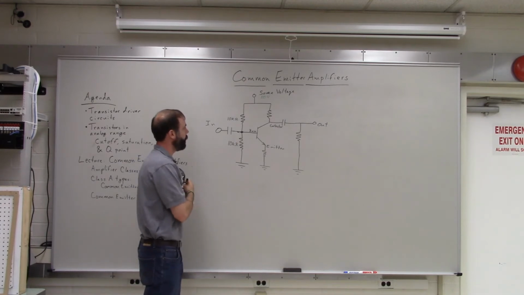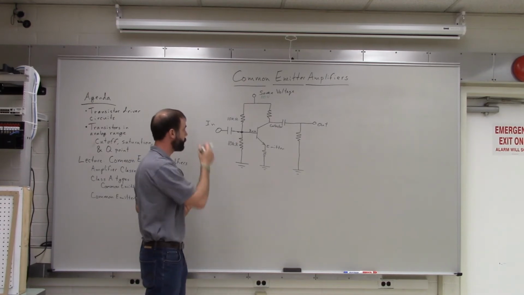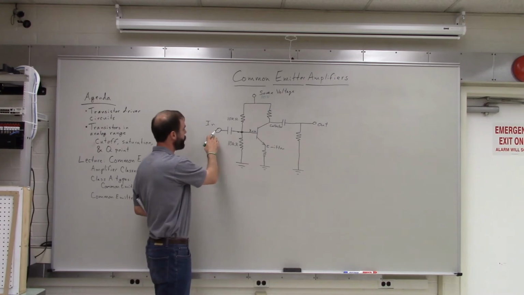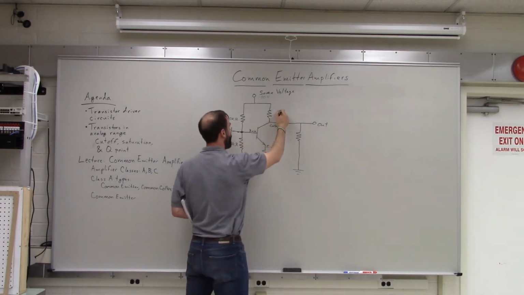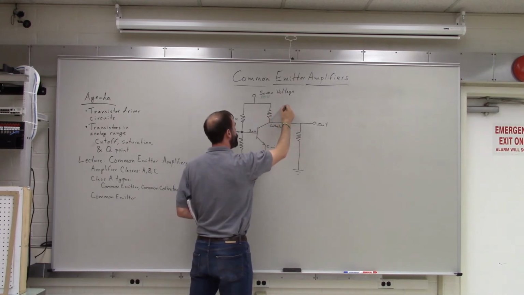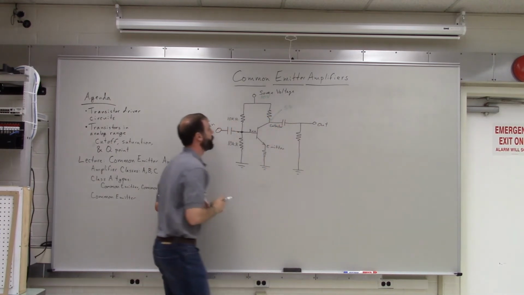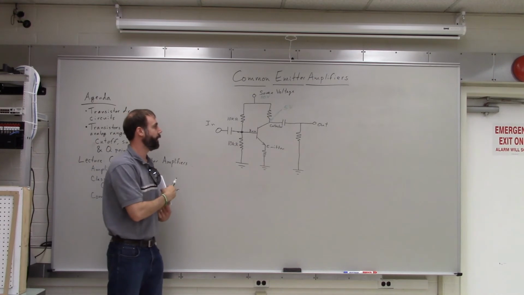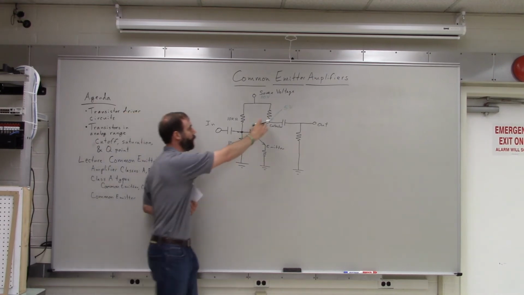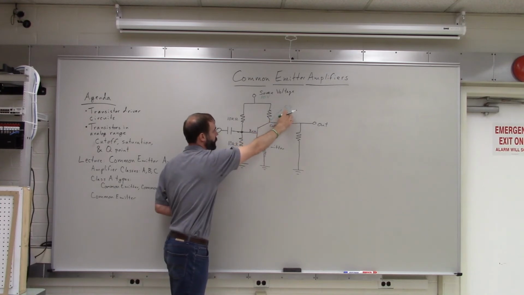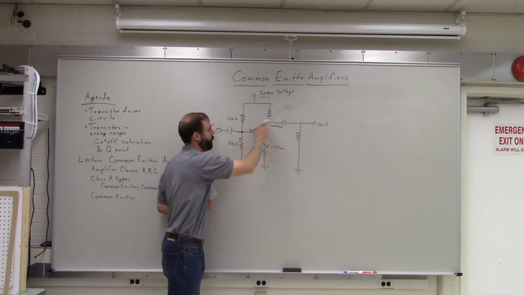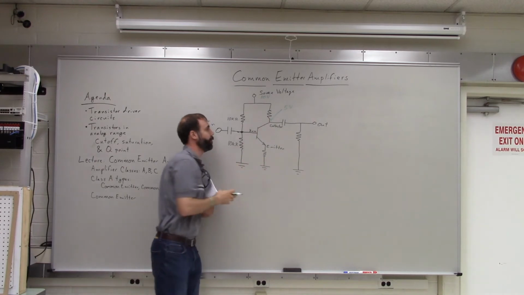You would set this up so that at rest, when there's no input signal here, the voltage at the collector would be 5 volts. So that would be the output. So that's our Q point, okay? We would set the quiescent voltage, the voltage when no input signal is happening, to 5 volts.